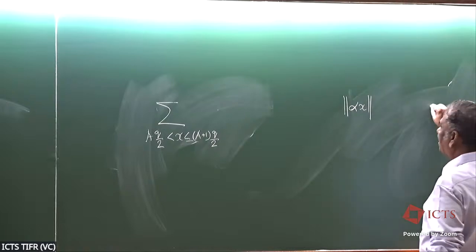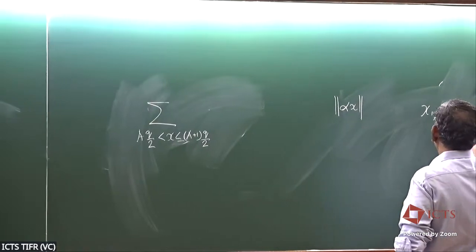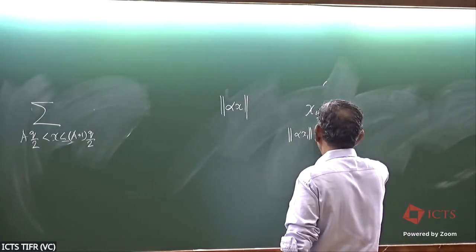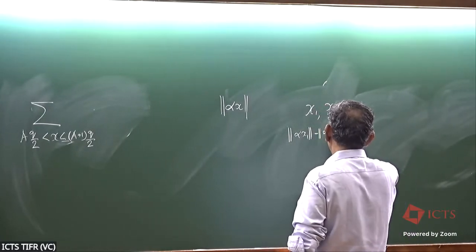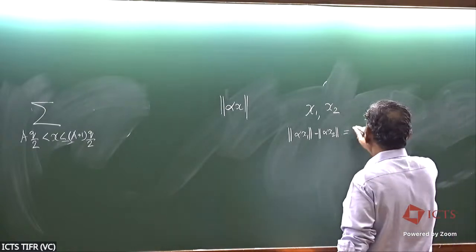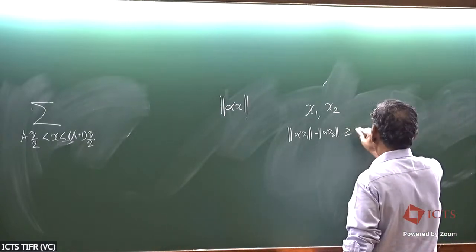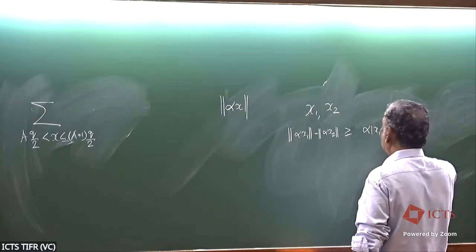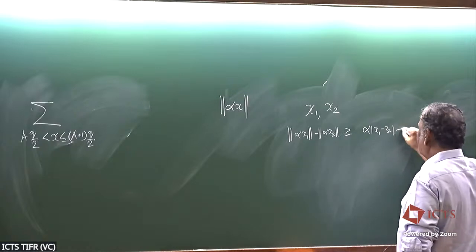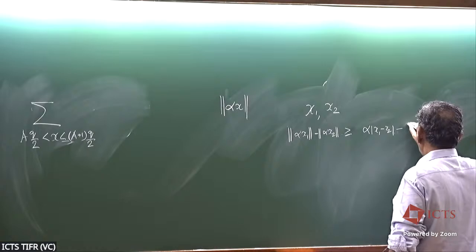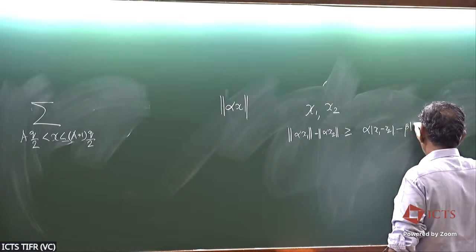Take an x1 and x2 in this range. And now look at alpha x1 minus alpha x2. This is at least greater than or equal to alpha into x1 minus x2, modulo 1 everything, of course, minus beta into x1 minus x2.